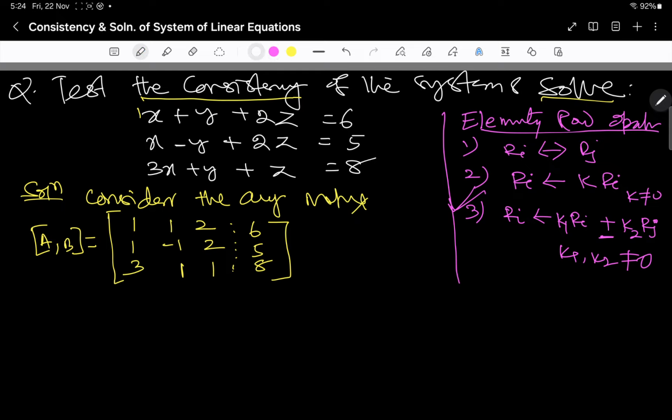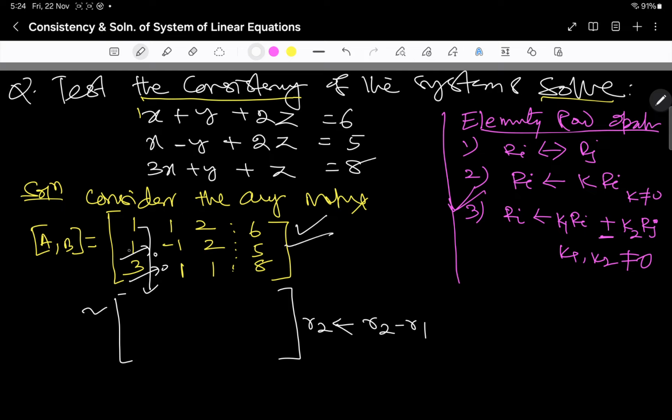So on the basis of this we are going to solve it. Apply elementary row operations here. We want to bring this position to 0 and this position to 0. So R2 is replaced by R2 minus R1. Throughout this row we have to carry out the operation, not just for a single place.